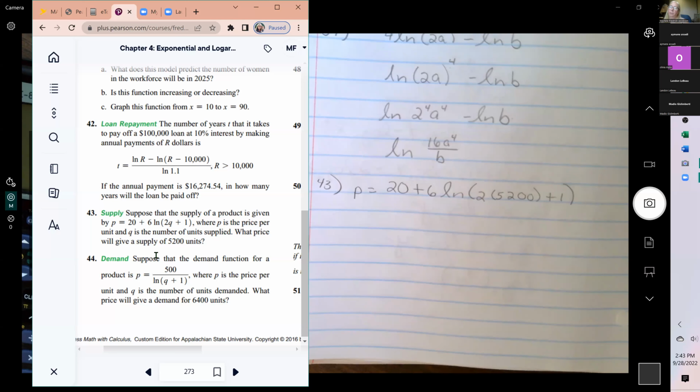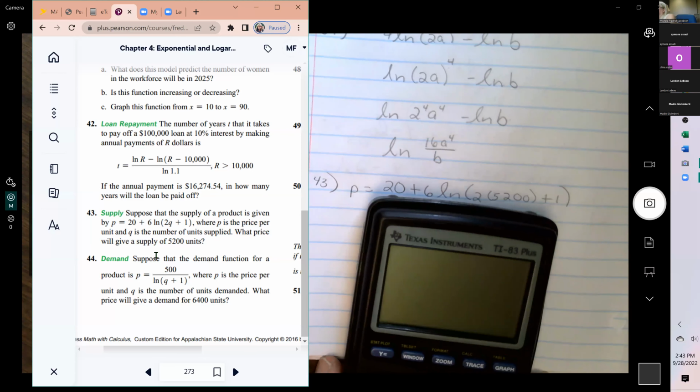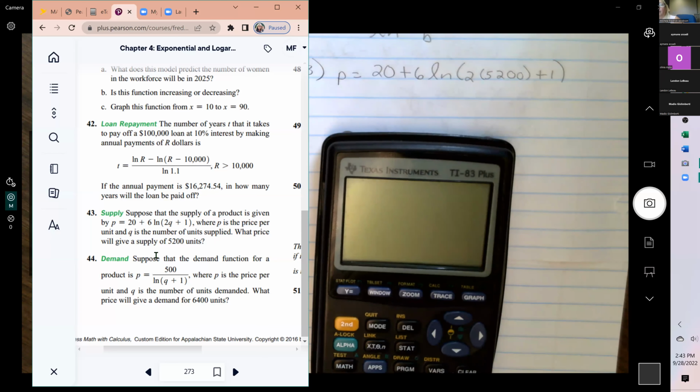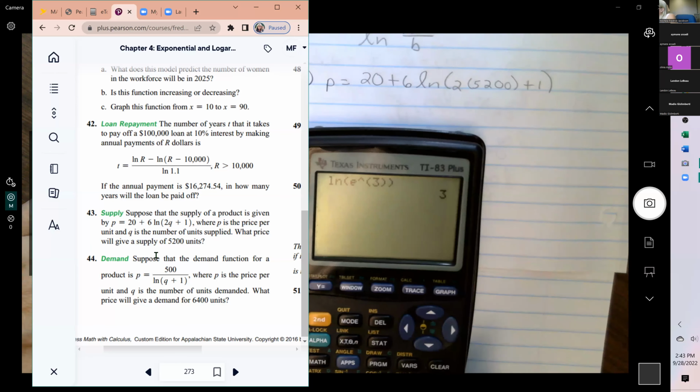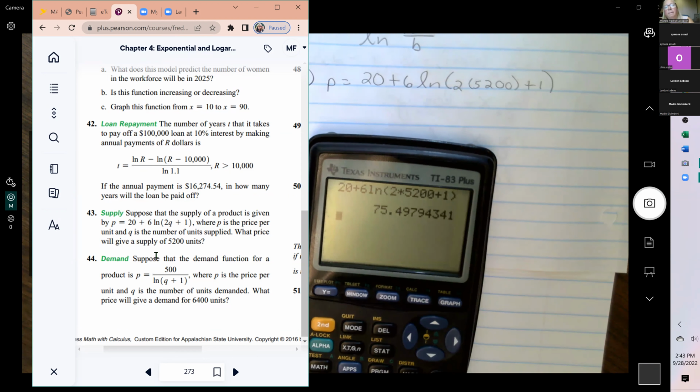So to find the price, we would just plug that into our calculator. 20 plus 6 natural log, 2 times 5,200 plus 1 and close our parentheses. $75.50.